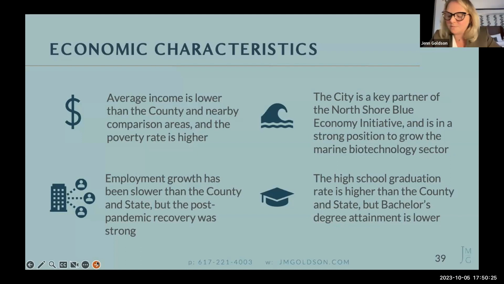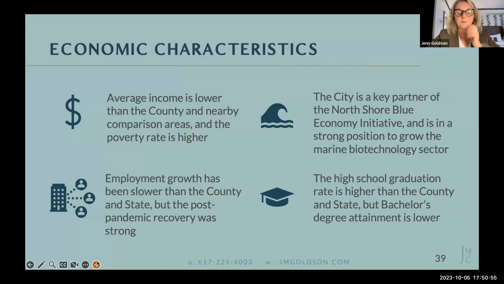It is really a research collaborative between UMass, the city of Gloucester, and Cape Ann Chamber of Commerce, and some other partners as well. And it really focuses on sustainability in healthy economies, livelihoods, and ocean ecosystems. And it includes boat building, coastal tourism and recreation, marine transportation, and marine resources as its general focuses.